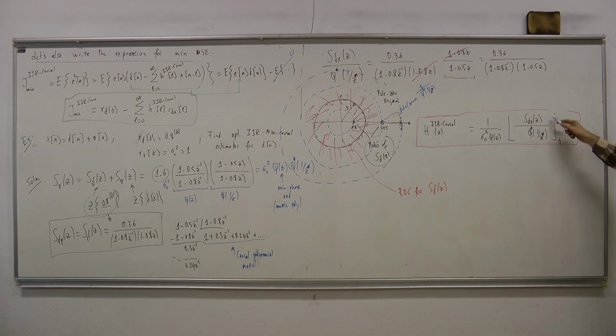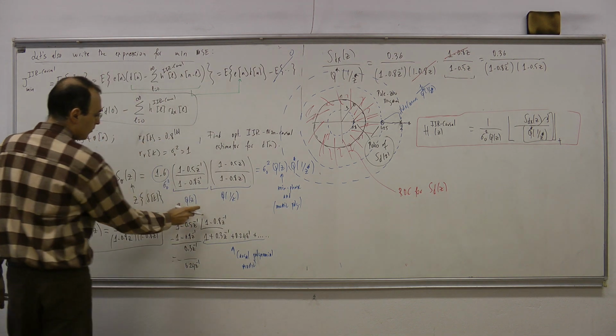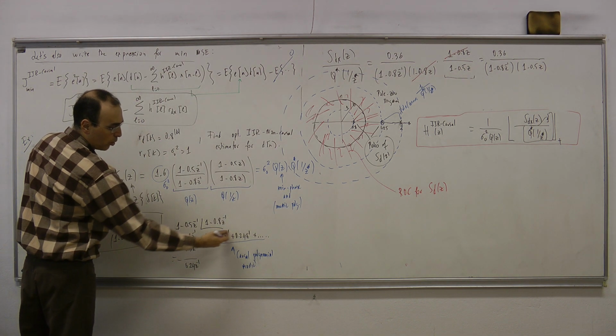How about the other factor? The other factor is 1 over Q of 1 over Z. Well, Q of C is something like this. It's a causal filter.